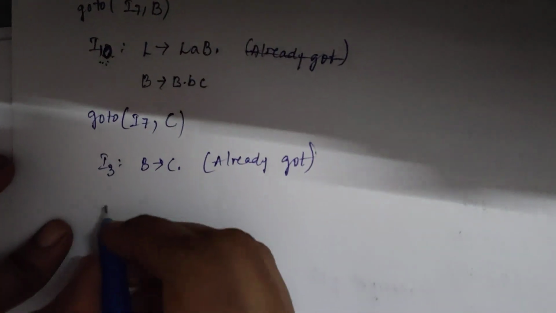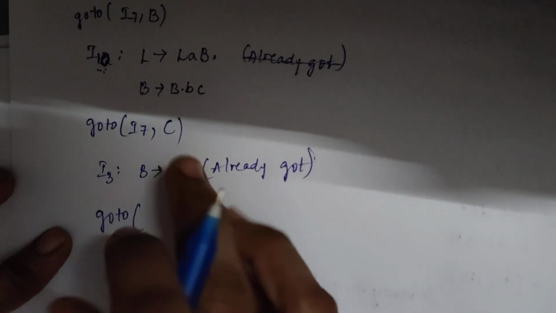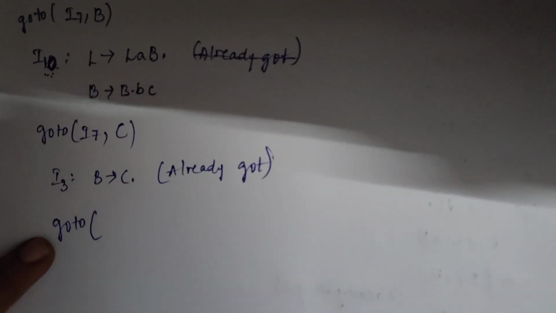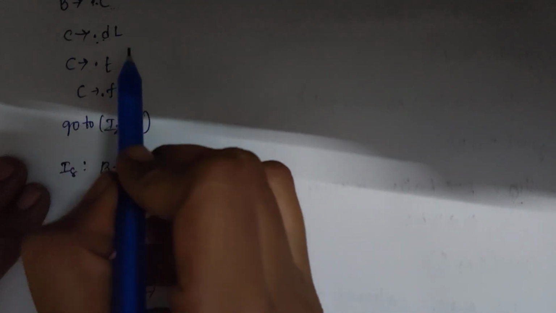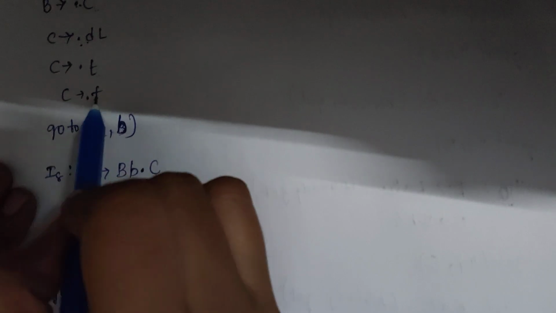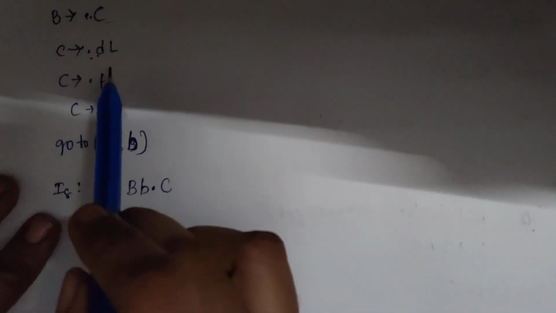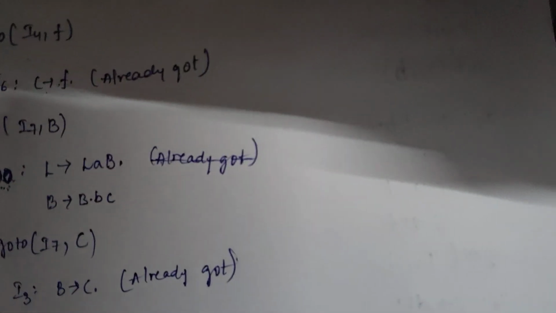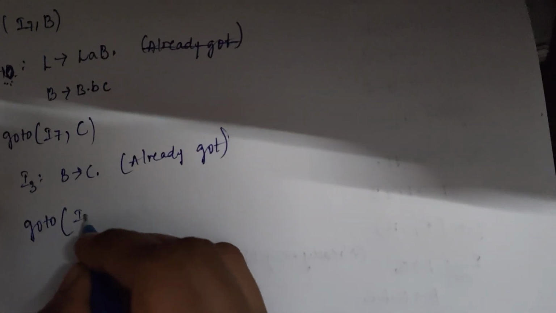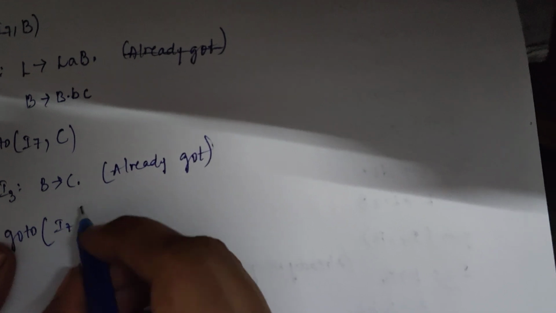Next, in I7, C is completed. Next we need to go for D: I7 comma D, I7 comma T, I7 comma F. I think we have got these predictions already, so we need to write them as they are. So I7 comma D.